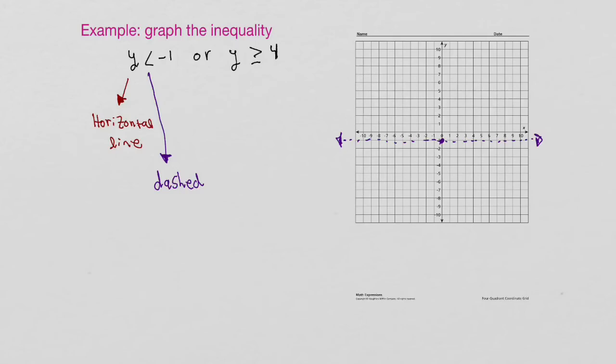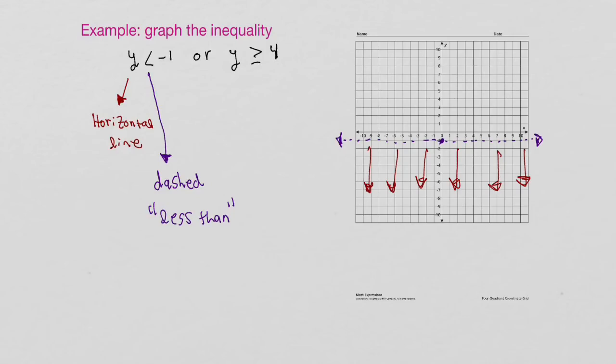The final thing we have to consider is whether we're going to shade above or below our line. Here we have y less than, and you can think about less than as everything below the line. So I'm going to shade all of the values that are below this line.